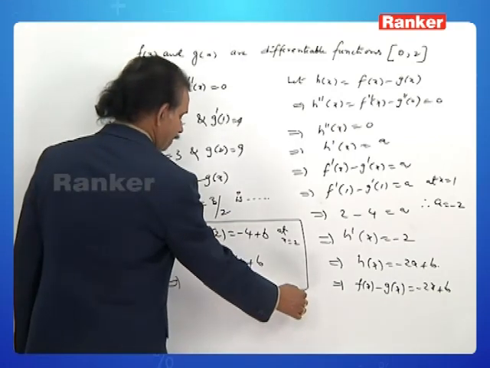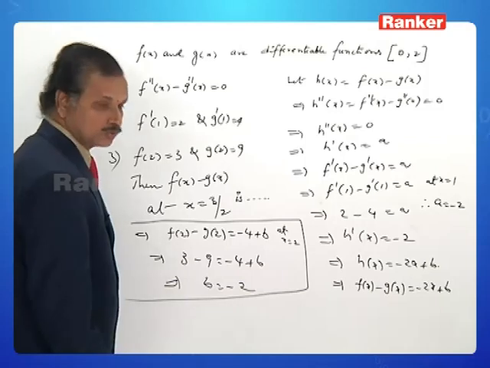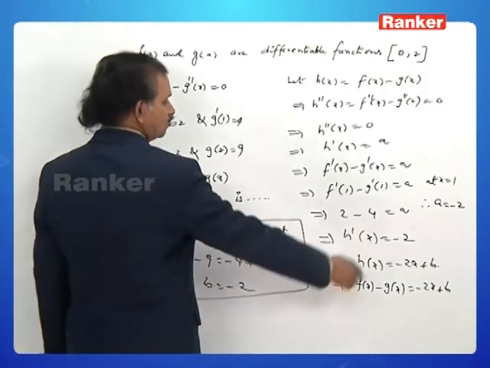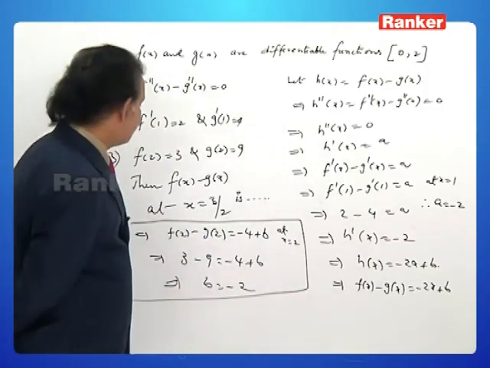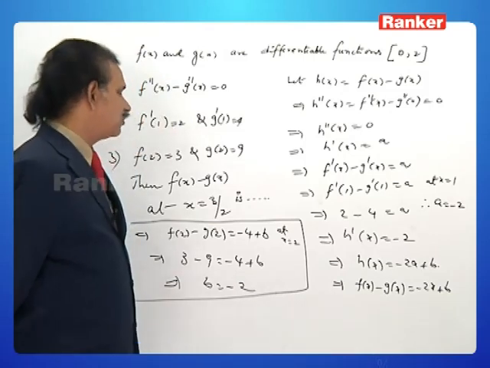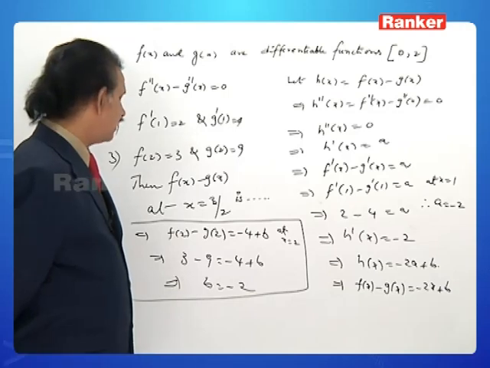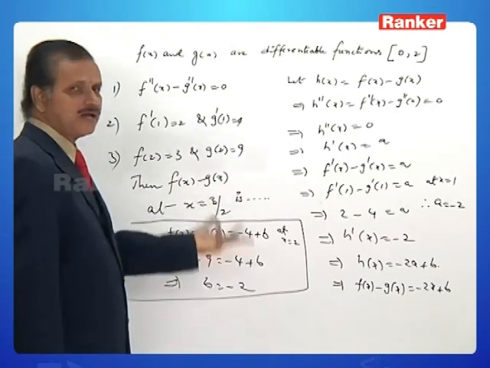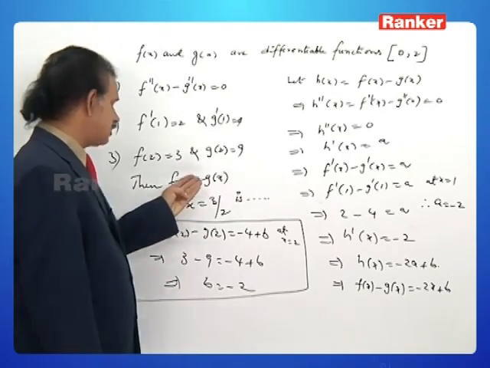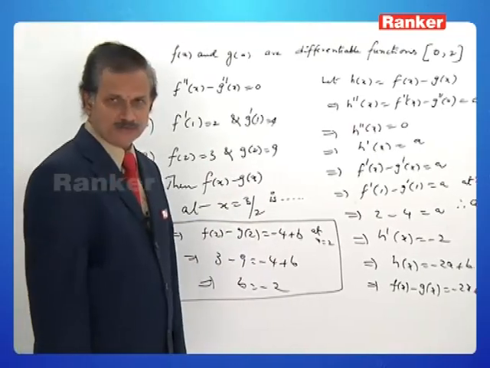Hence, b is minus 2. Send this minus 2 to that side. What happens? f of x minus g of x is equal to minus 2x minus 2. And we require f of 3 by 2, isn't it? f of x minus g of x at x is equal to 3 by 2.